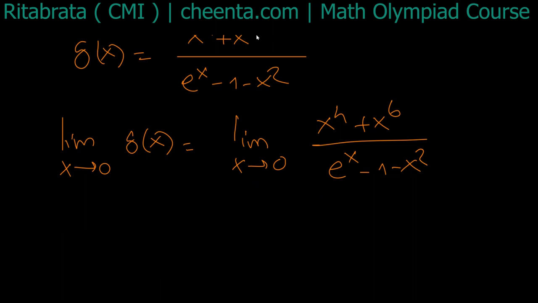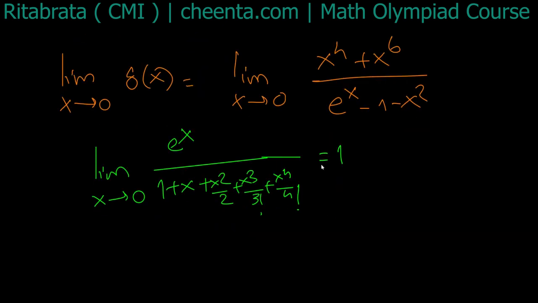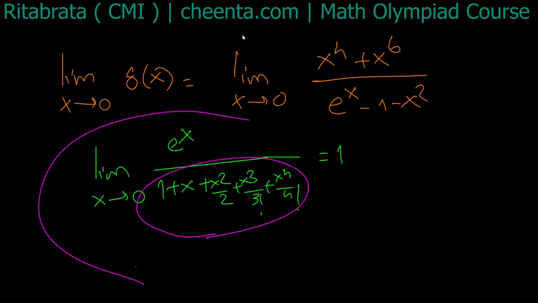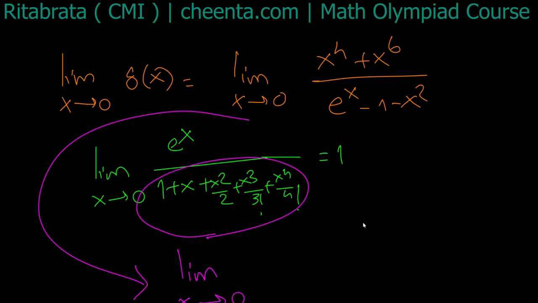Now we have one important thing: limit x tends to 0 of e to the power x by 1 plus x plus x squared by 2 factorial plus x cubed by 3 factorial plus x to the power 4 by 4 factorial is 1. You can show that. So I can replace e to the power x by this expression in this limit. So calculate it in this way. In x to the power 4 plus x to the power 6 by e to the power x minus 1 minus x squared, the 1 is cancelled out, and x squared by 2 is cancelled out.